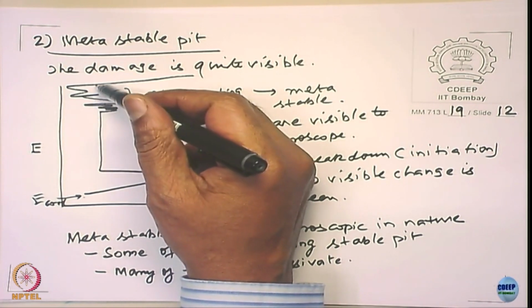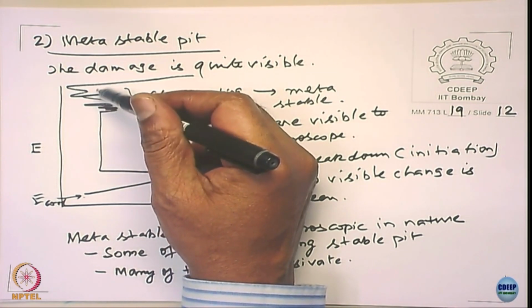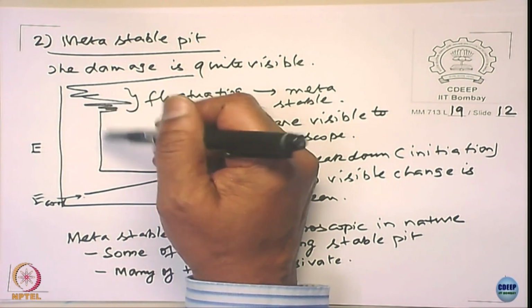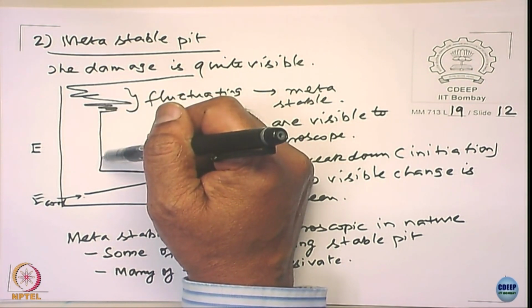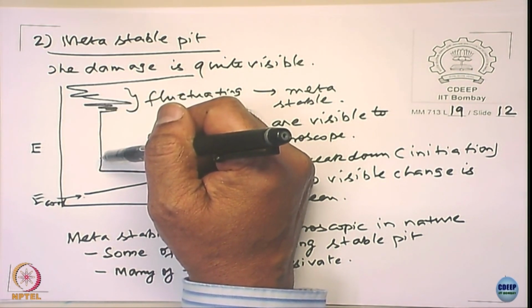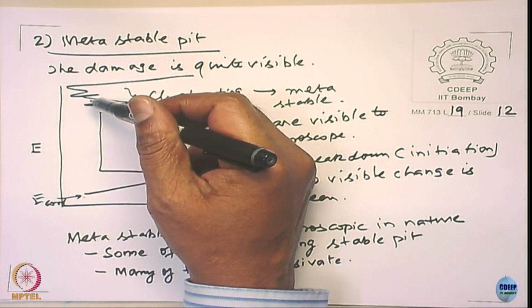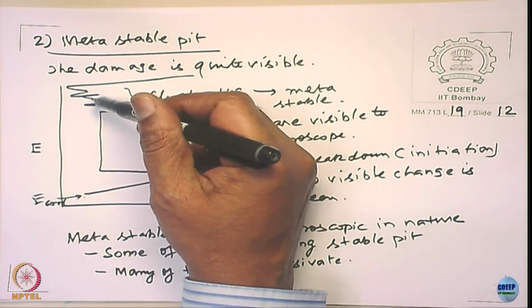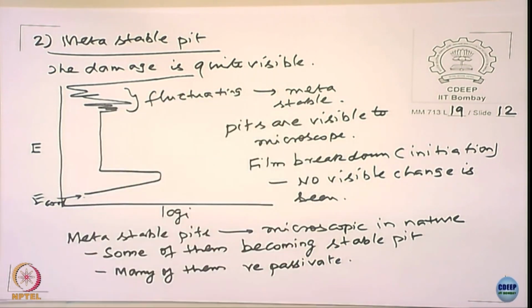But what does it really mean in real terms? In real terms, the probability of the pit that is formed here becoming stable is so less compared to the probability of the pit so formed here becoming stable. So this probability is quite large here as compared to this. That means the concept of E pit being a unique number is not correct. The pitting can occur below the pitting potential as well.